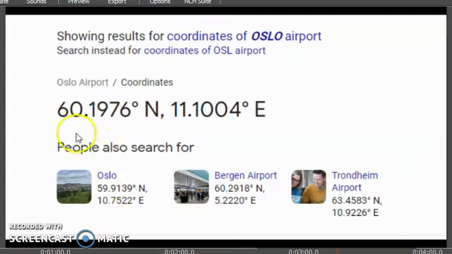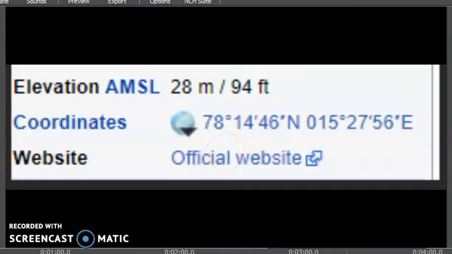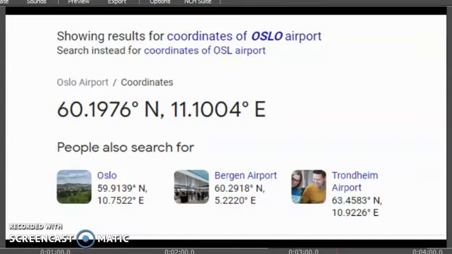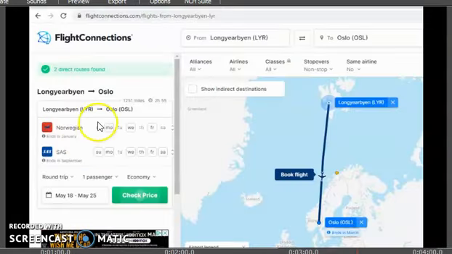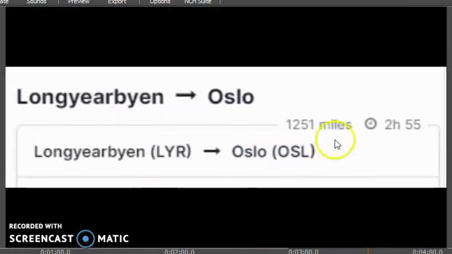Its location is 78 degrees north, flying to Oslo, Norway at 60 degrees north. So I got the distance and duration of the flight of 1,251 miles and 2 hours 55 minutes.